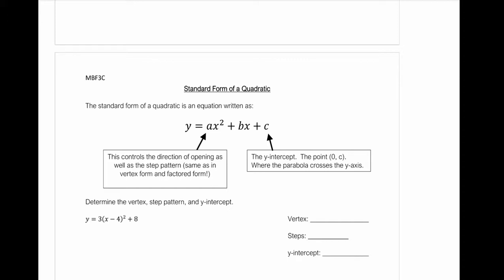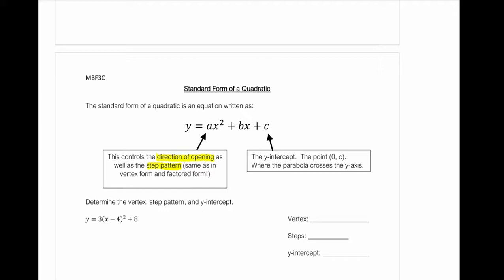The only two pieces of information that this form gives us are, one, the a value, same as the vertex form and the factored form. The a value tells us the direction of the opening as well as the step pattern. That first number, multiplying x squared, is always going to represent the same thing: direction of the opening and the step pattern.